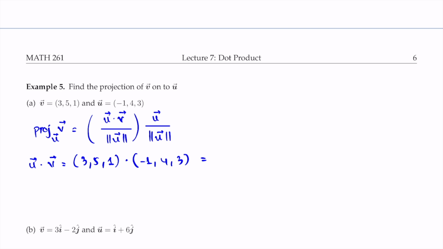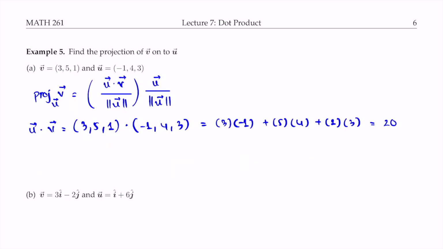This is equal to 3 times negative 1 plus 5 times 4 plus 1 times 3, and if you do the calculations correctly, it's going to give you 20. Now for the magnitude of u, you have the square root of negative 1 squared plus 4 squared plus 3 squared, and again you get the square root of 26.